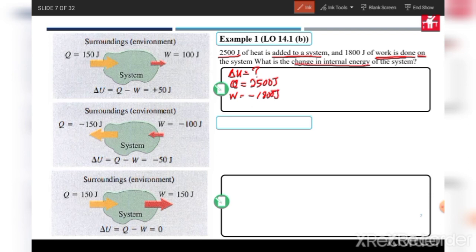Using the first law of thermodynamics, Q is equal to delta U plus W. Rearranging, delta U is equal to Q minus W. Just substitute all the information given: 2500 joule minus negative 1800 joule. After you calculate, we got the answer positive 4300 joule.